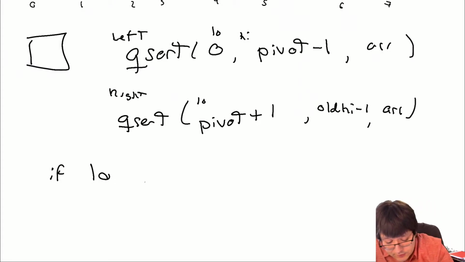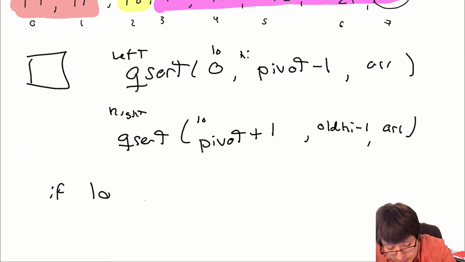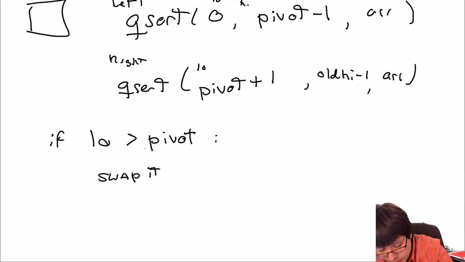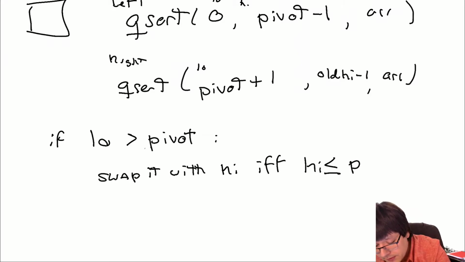So if the low is greater than the pivot, in that case, you want to swap it. But what are you going to swap it with? Well, you're going to swap it with high, if and only if the high is less than or equal to the pivot.